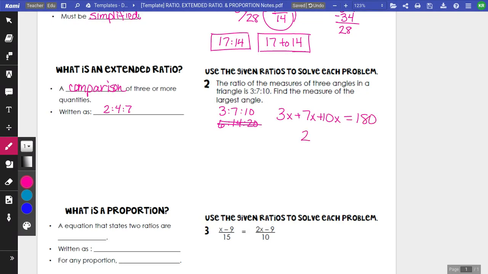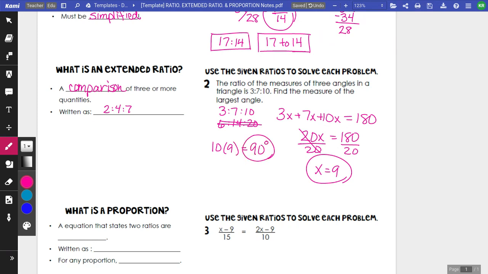Okay, put your like terms together. We got 20x equals 180. Divide by 20, divide by 20, and x is 9. Okay, so to find the largest angle, the 10x is going to represent the largest angle. And so that is a 90-degree angle.